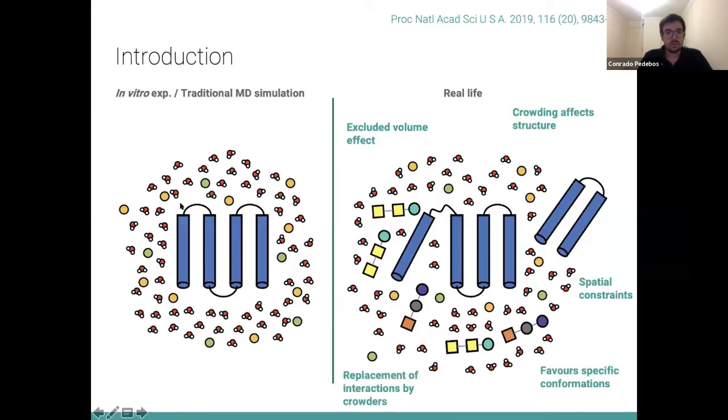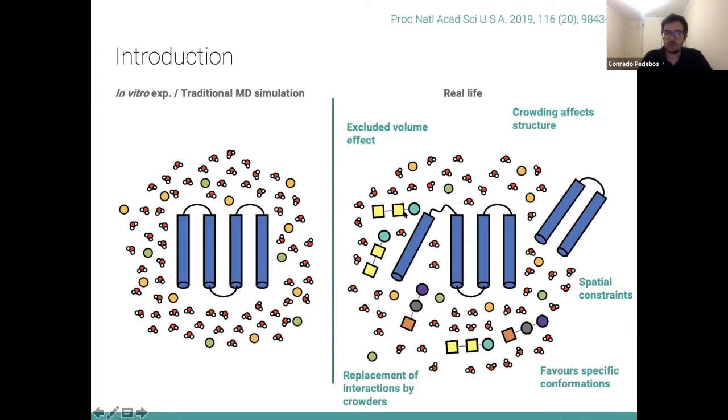protein structures. So in a normal in vitro experiment, or when we're doing your traditional MD simulation, what you usually have is a protein that is inserted in a solution with water and ions, or maybe a buffer, but not much more than that. But in real life, what you do have is a complex mixture with different proteins interacting with your protein of interest.